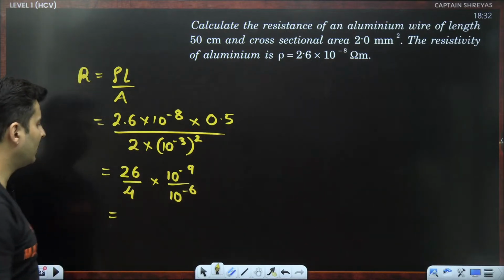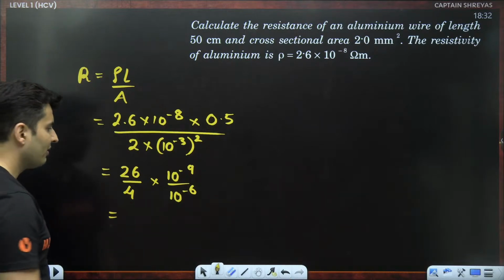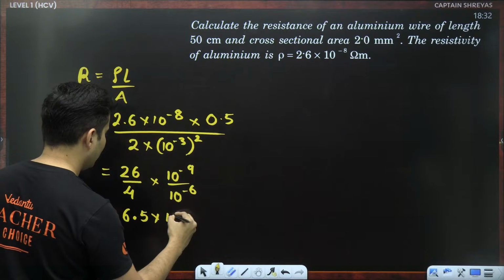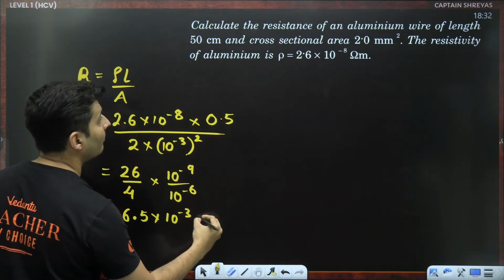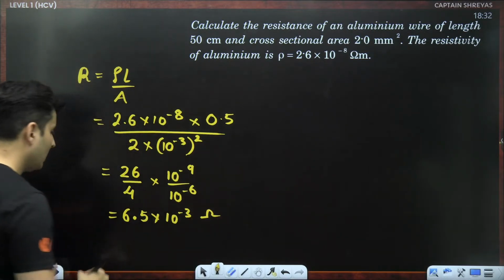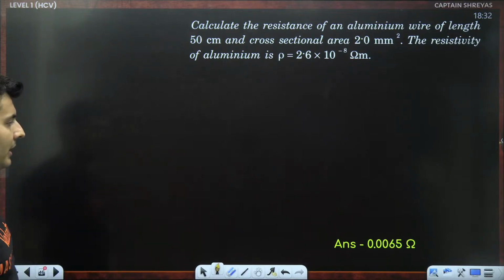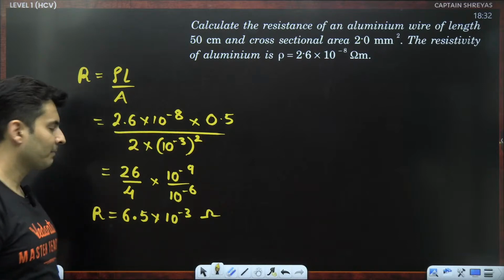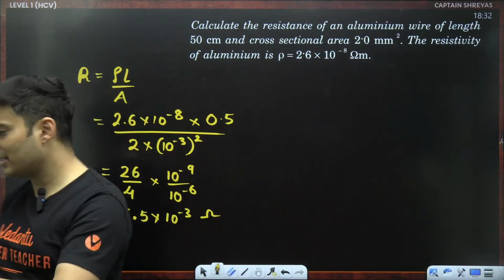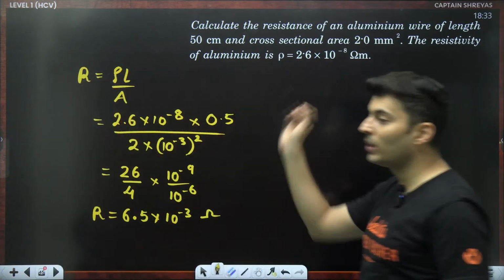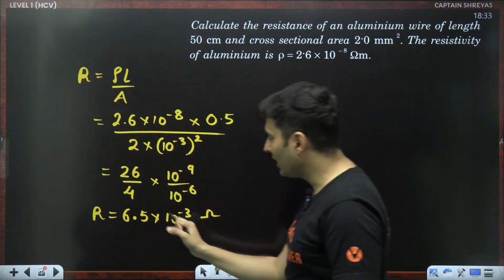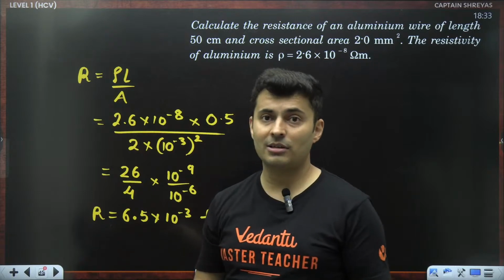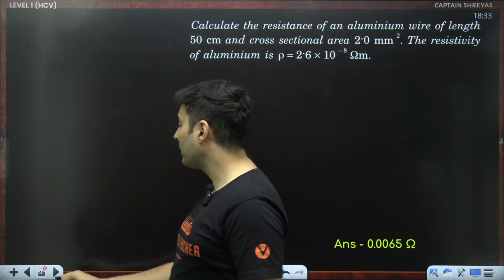So this will be 13 by 2, which is 6.5 into 10 to the power minus 3 ohm. Exactly the answer we require. Very small resistance, and it makes sense because aluminum is a good conductor. If it was something like a carbon resistor, it would have come out very, very high.